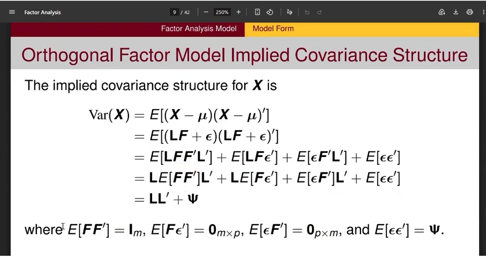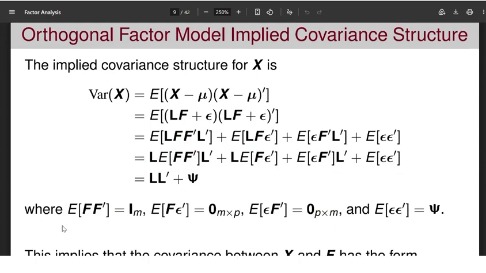The assumption is here: the expected value of that is our identity. And I said something the other time: the expectation of the factor and the error should be 0. They should be 0.